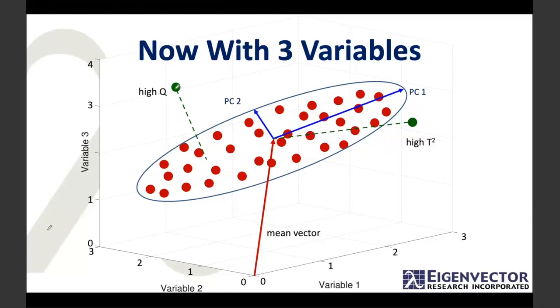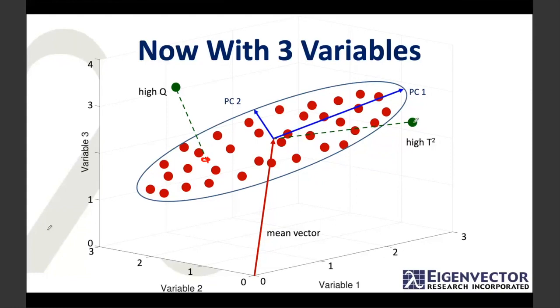As I project this point into the plane, however, its projection is rather on par with the other calibration samples. In fact, it's well within this 95% confidence ellipse, which is formed by the two principal components.